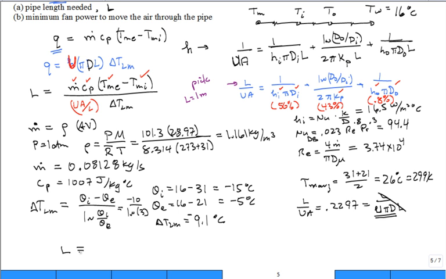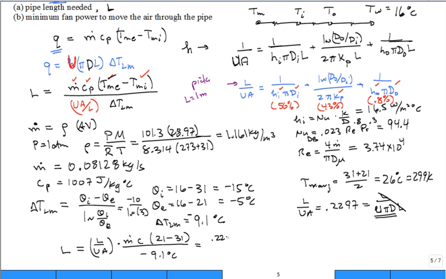The length is equal to L over UA times mass flow rate, specific heat, times the change in the mean temperature coming out, which was 21 minus 31, divided by the log mean temperature difference, negative 9.1 degrees C. So you can see how the negative signs take care of themselves.